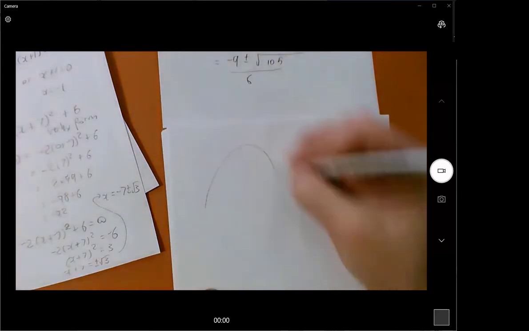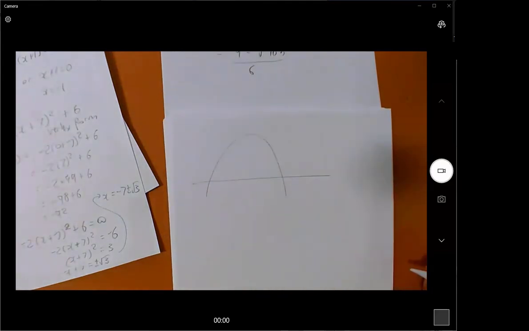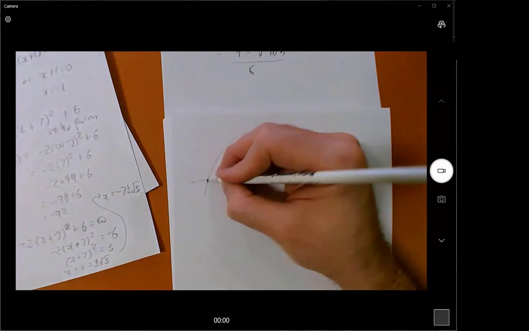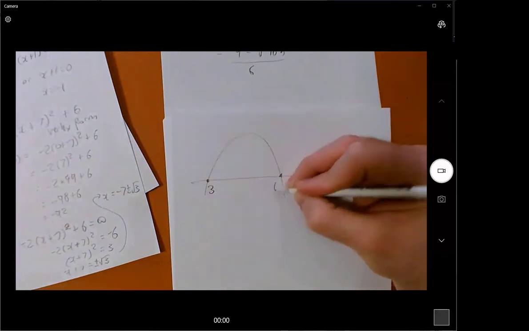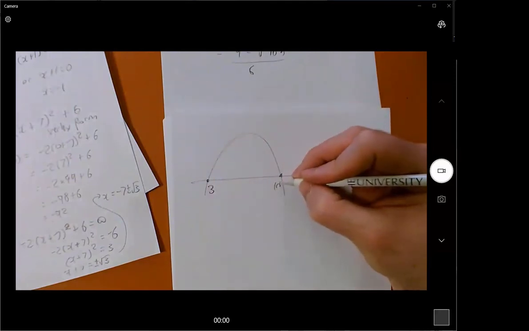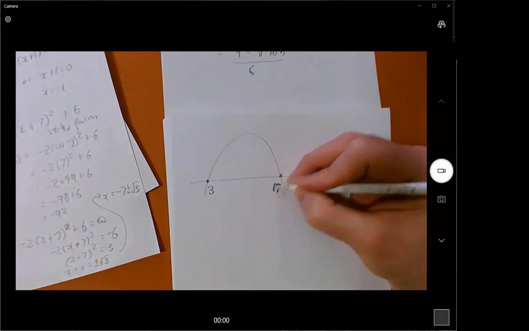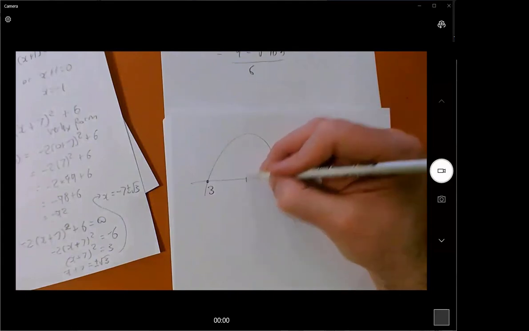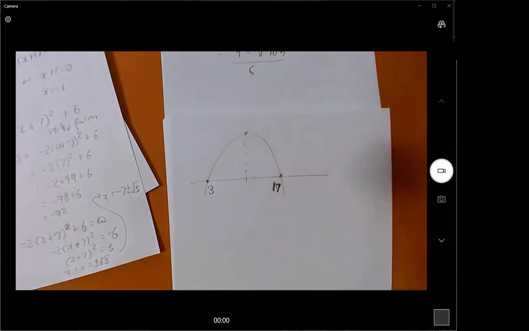Last piece of information that's useful. If it does have 2 places where it crosses the x-axis, say it crosses here at 3 and here at 10, or let's say 17, then the vertex happens exactly halfway between, always.